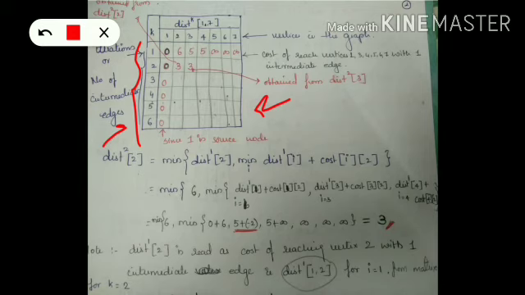So this recurrence relation will run for 6 different iterations, and this first row, 1, 2, 3, 4, 5, 6 and 7, are nothing but the vertices of the graph.